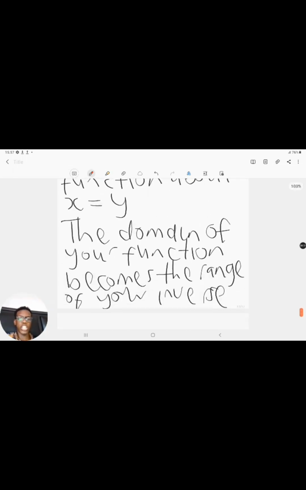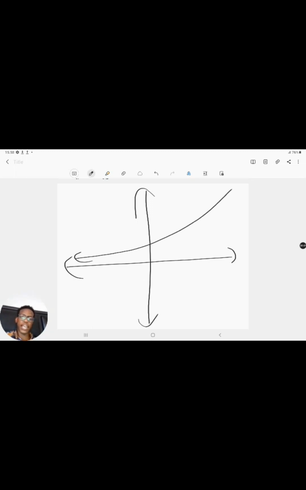Now I'm going to look at the inverse of an exponential. The same principles apply. If I've got my Cartesian plane there, and I've got my exponential function that looks like that, I know that the inverse of this exponential function is going to be a mirror image of it, and the mirror is this blue line here.